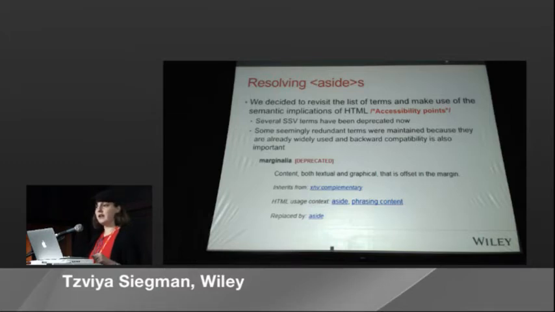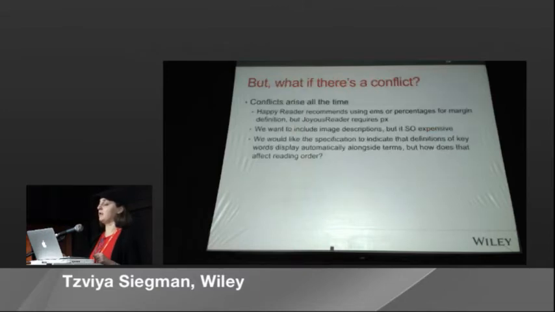This is an underlying principle of ARIA, accessible rich internet applications, where you look at the HTML and you try to understand the semantic implications of what is in the HTML already. That makes it more accessible because you're not trying to overload the elements that you already have with more meaning than they need. And you'll see that if you look at it, there are some terms that are in place, even though perhaps we don't need both rear note and footnote because they're kind of the same thing, but we wanted to make sure that everything was backward compatible.